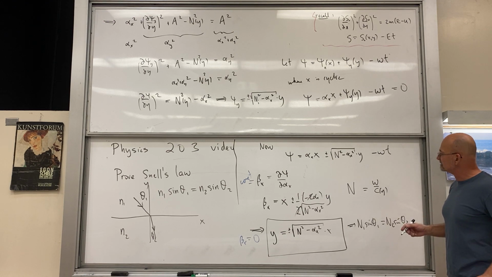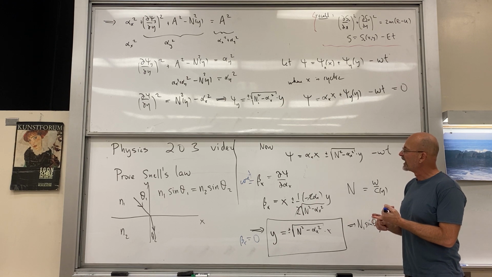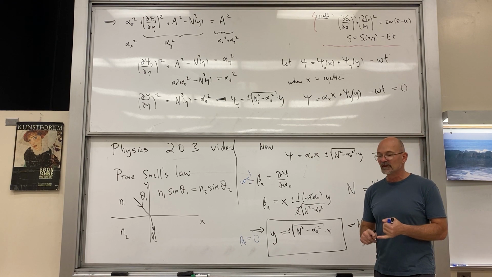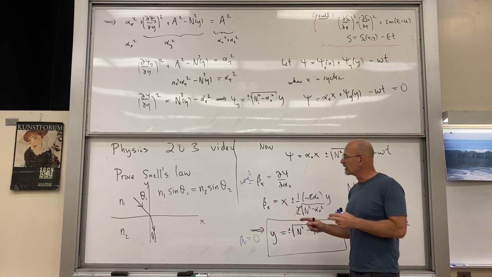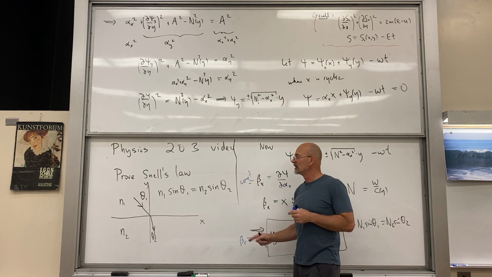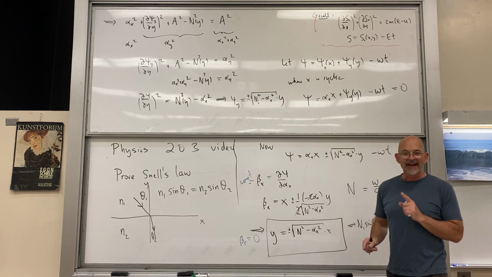So there you have it. We've shown that the point mechanics formalism that we've been studying all semester allows us to solve problems in wave theory in the short wavelength limit.